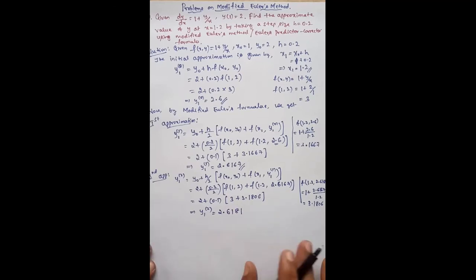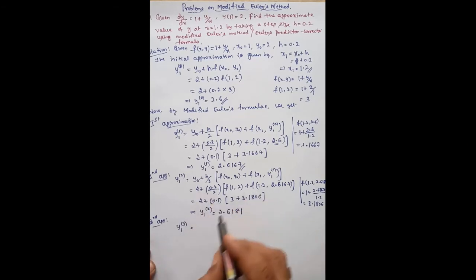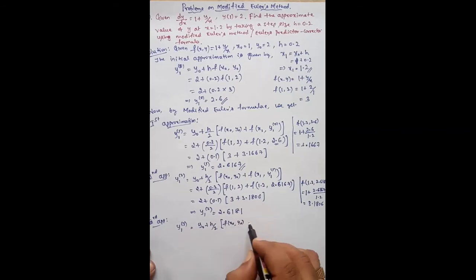Now similarly, third approximation. y1 power 3 equals, so the same formula, y naught plus h by 2 into f of x naught comma y naught plus f of x1 comma y1 power 2. Right.